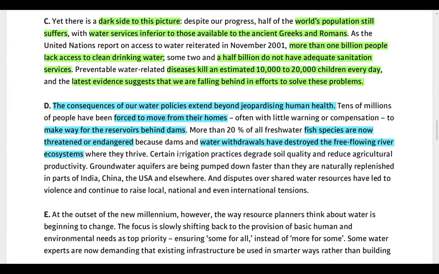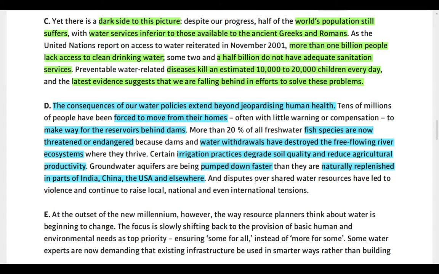Certain irrigation practices degrade soil quality and reduce agricultural productivity. Groundwater aquifers are being pumped down faster than they are naturally replenished in parts of India, China, the US, and elsewhere.